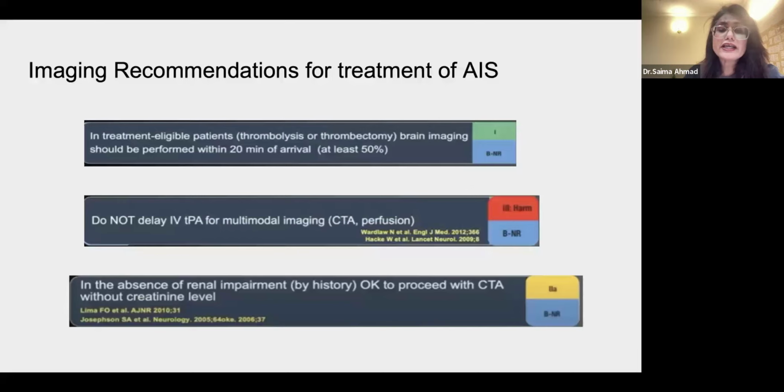And we should not delay the IV tPA for the multimodality imaging, which is actually the CT or CTP. Before sending the patient for the further CT or CTP to see the large vessel occlusion, we actually should have given them IV tPA. And in the absence of the renal impairment by history, it is okay to proceed with the CTA. We should not wait for the creatinine, because we do not want to waste the time.